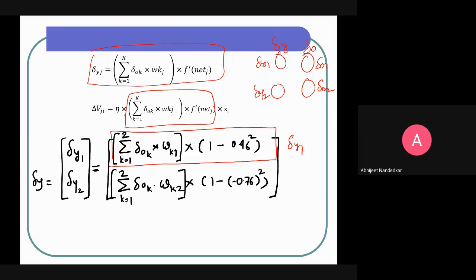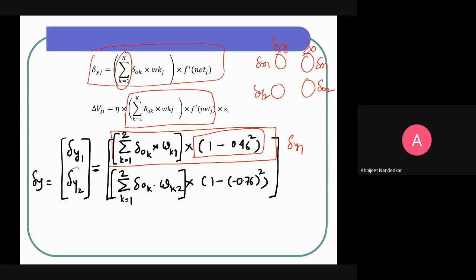We have two classes, so the summation will run for small k equal to 1 to capital K of delta O_k into w_k1 into f dash of net j.